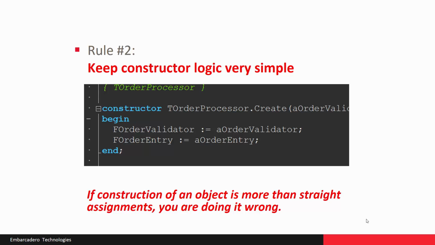So here we have an OrderProcessor constructor, and we're passing in two parameters, an OrderValidator and an OrderEntry, and we're assigning them to the internal fields that hold those values. And that's all the constructor does. If your constructor has an if statement in it, you probably need to split that into two new classes. If your constructor has any kind of logic in it, then you need to find a new place for that logic. Constructor logic should be simple assignments.